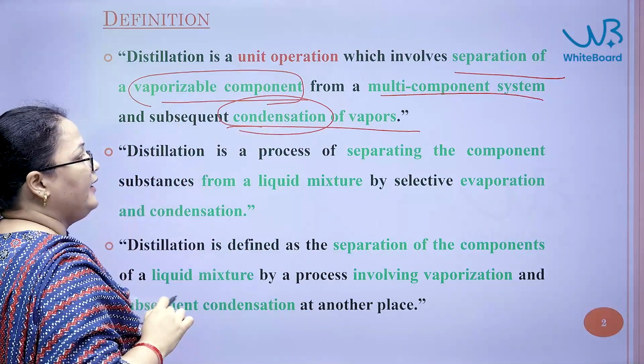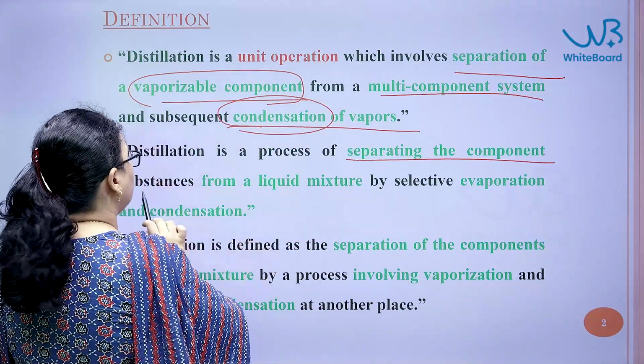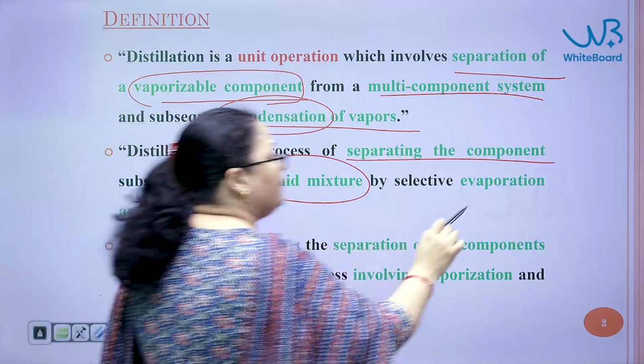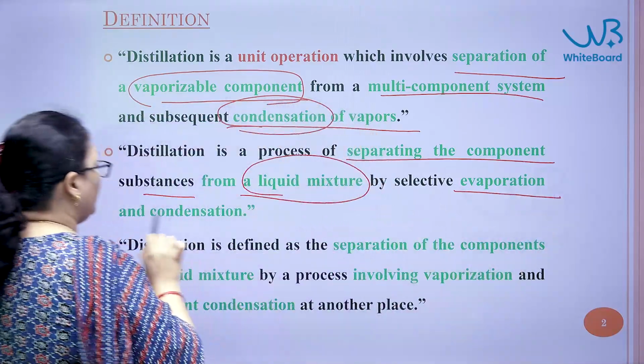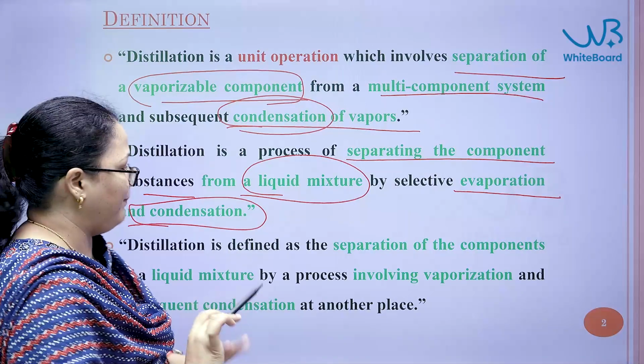Now coming to the second definition, it is a process of separating the component substances from the liquid mixture by selective evaporation technique and condensation technique. Evaporation or vaporization is the same.